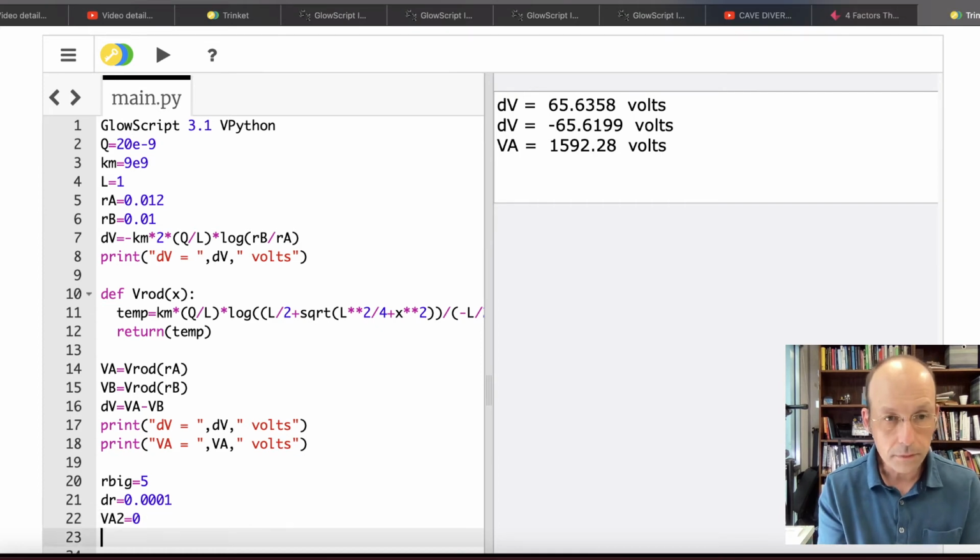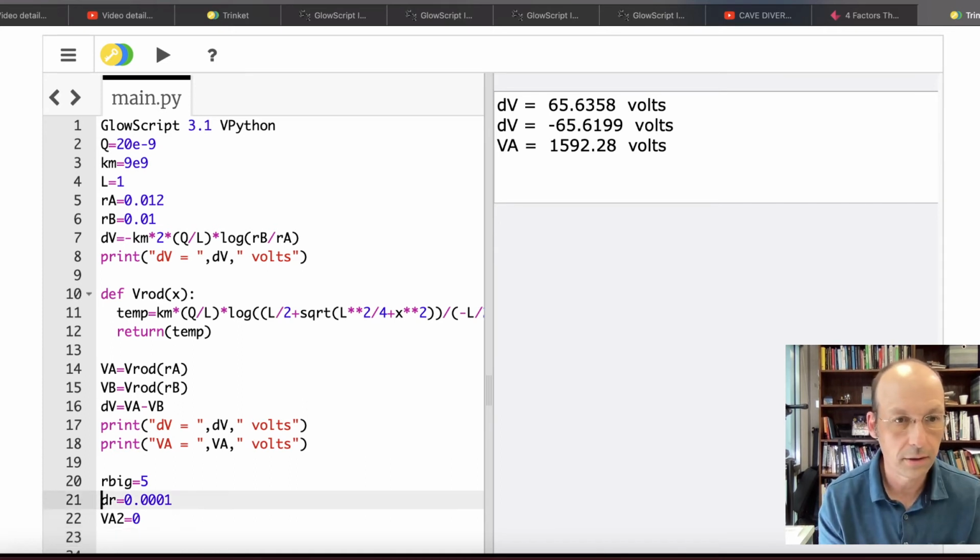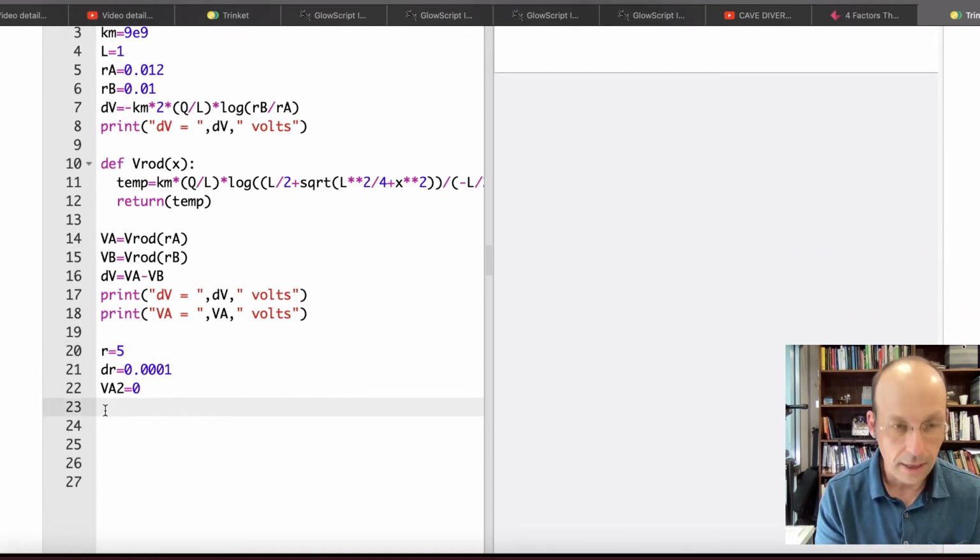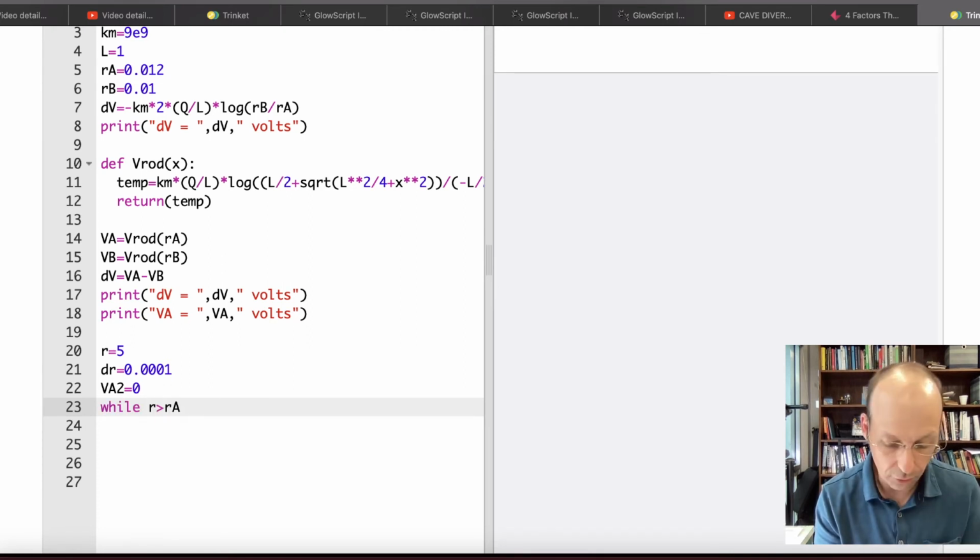So I have to assume a 0 potential, and then I'm adding up all of my values as I go along. So I'm going to say while, I need R. Let's just say R equals R big. Actually, I should just call that R. That's just my starting value. And then I'm going to say while R is greater than RA, do the following.